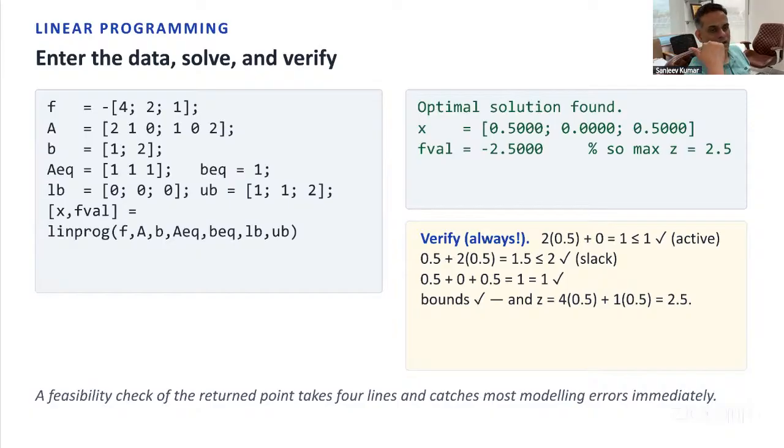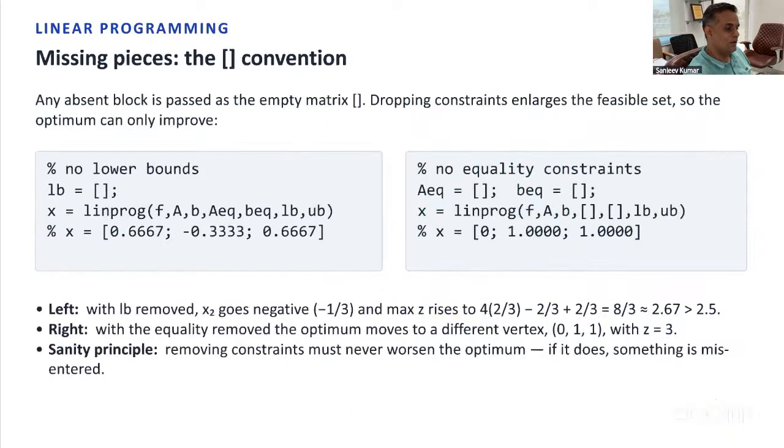If something is missing in your problem, at that place you can pass an empty matrix. For example, if there is no lower bound, instead of lb you will pass an empty one. If you don't have any equality constraint, you can pass an empty matrix at those places. So that is the easiest way of solving a linear programming problem.